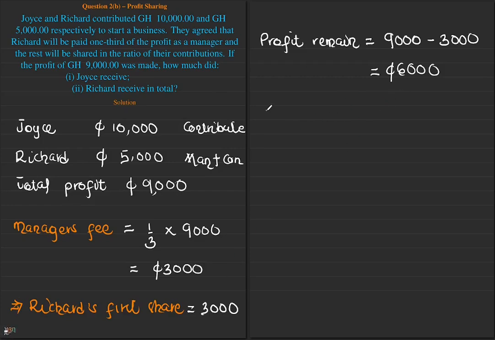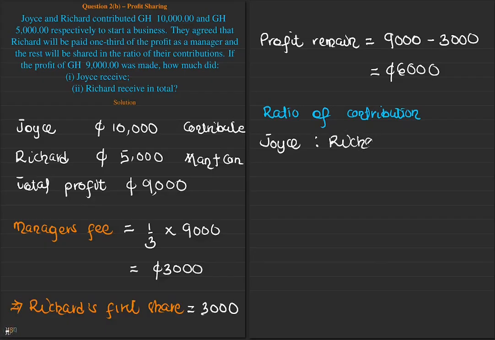So let's come here and say our ratio of contribution. Now, if we want it as Joyce is to Richard, then this is how it's going to be. So we have Joyce is to Richard. And as you can see from the question, Joyce contributed 10,000.